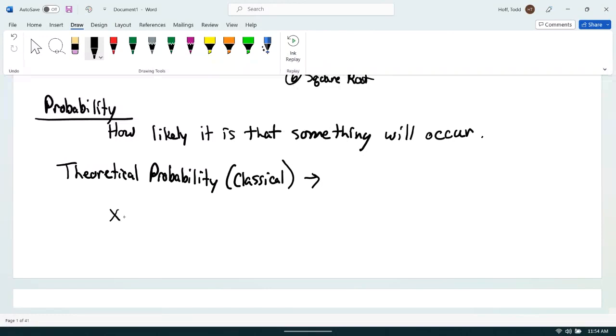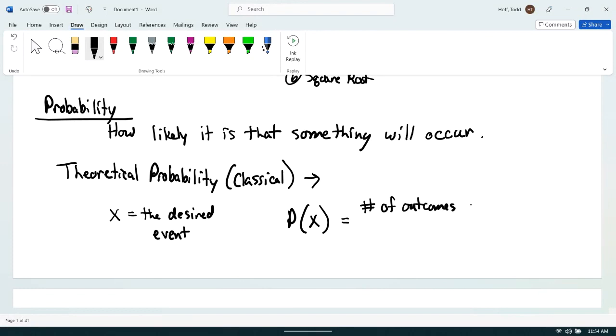So X is the event, say the desired event. The notation P of X, the probability that X will happen, is equal to the number of outcomes containing X over the total number of outcomes.